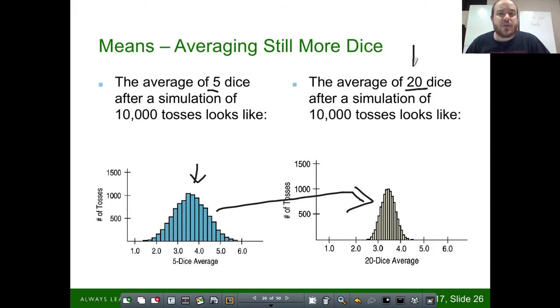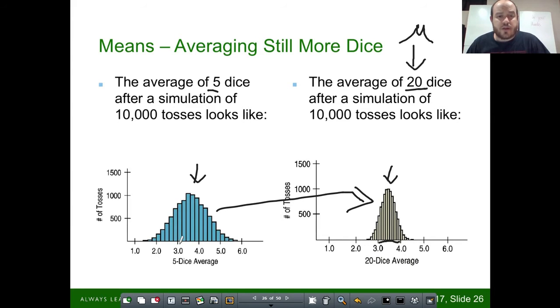Well, the bigger your n is, the closer your average of this will be to the mean, like the true mean. The higher your sample size, the closer you will be to the true mean of the population. All right. So that means, if you'll notice, a bunch of them are kind of grouped together right here in the middle between 3 and 4.